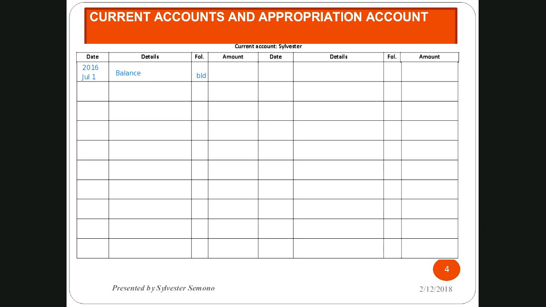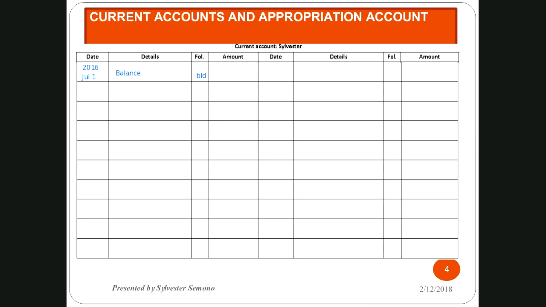After putting the balance, please, we need to go and check, is there any drawings which Sylvester took during the period, or is there any drawings at the beginning of the period? According to our exercise, if you can go back to the question, we only had drawings from the previous year. So that drawings must reduce the current account of Sylvester.